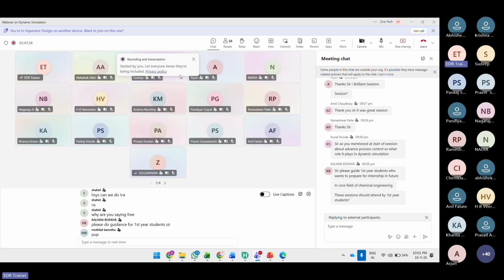This dynamic is controlled at an apex level by advanced process control. It sits above all the process controls and keeps them in place so that you get the best output under dynamic simulation from the real plant. That is the concept of APC.